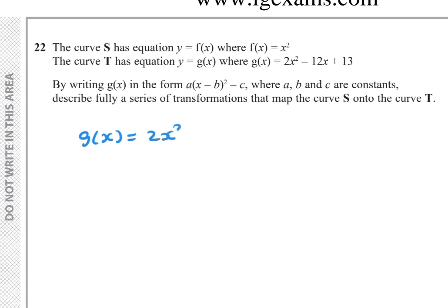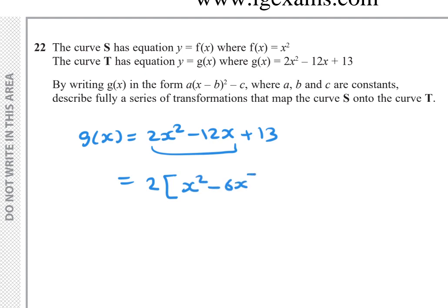equals 2x squared minus 12x plus 13 can be written. Focus on x squared and x. Take the number in front of x squared common, so you are left with 2 times (x squared minus 6x) plus 13.